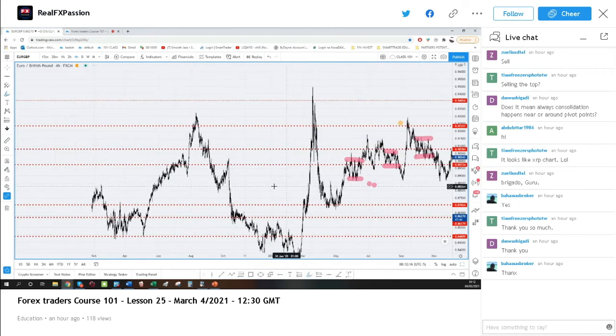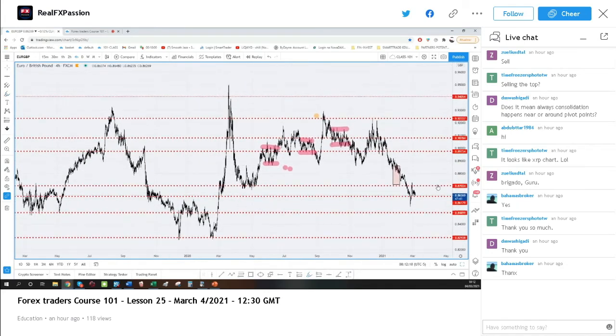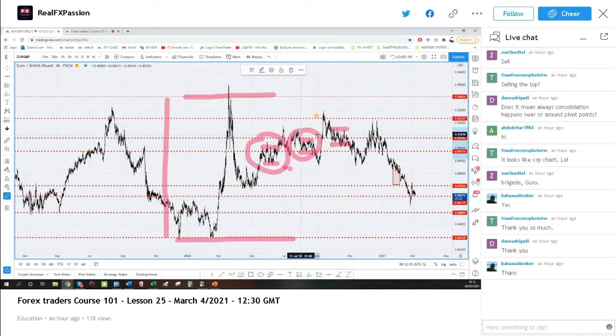And the big picture, this is the 4-hour chart. You know, the big picture: this would be the up pivot point, this would be the down pivot point. So this is the trading range on EURGBP. But we have all these small consolidations, right? And from the theory before, extension, retracement.